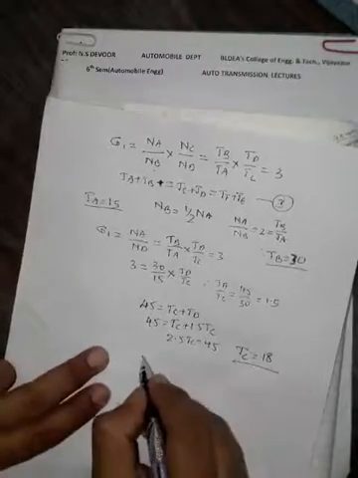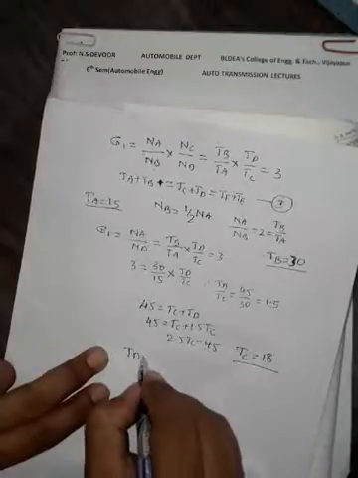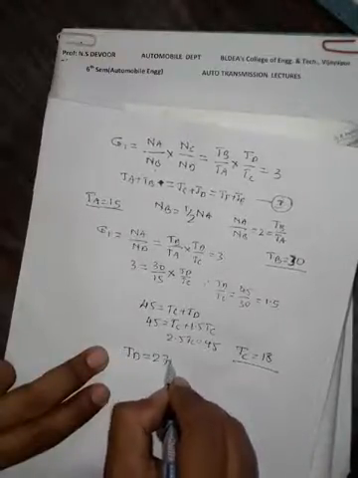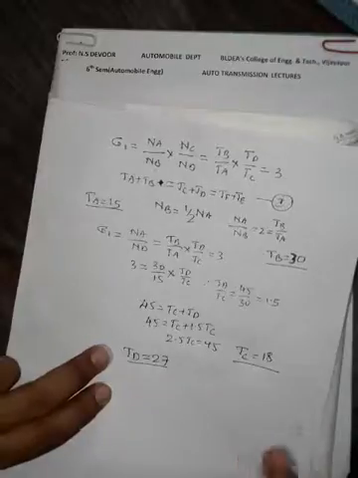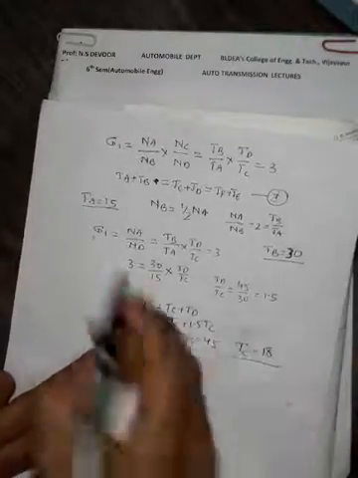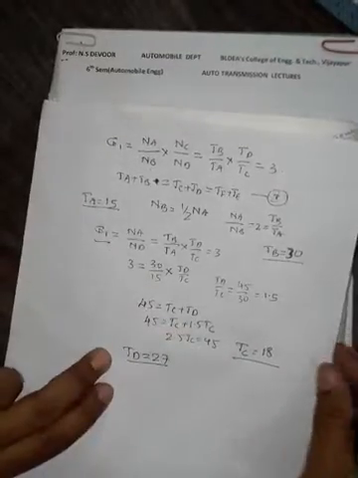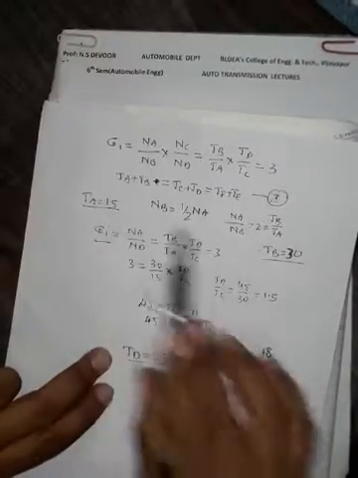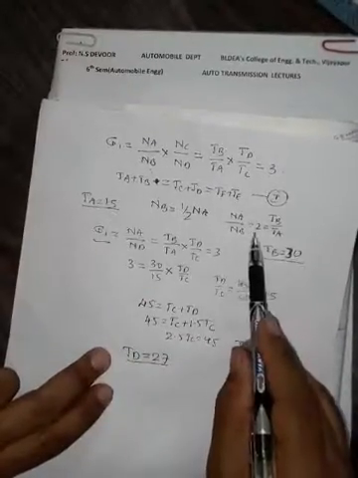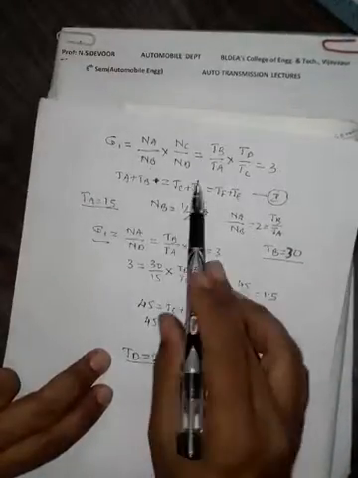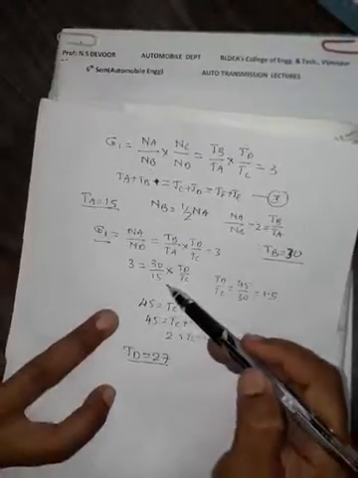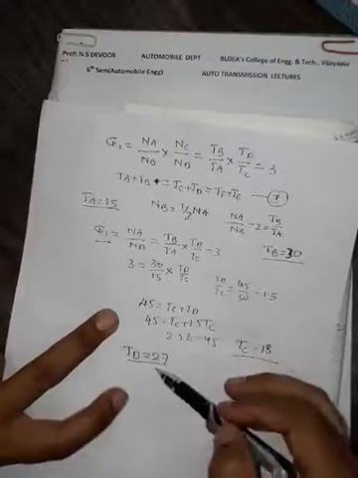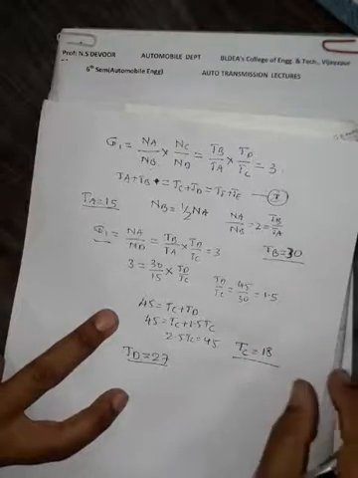TD equal to 27. Teeth on D is 27, TC equal to 18. This is the way we have calculated the number of teeth. A is given, B we have calculated from the data, and by using the simple gear ratio principle, we have calculated TC and TD.